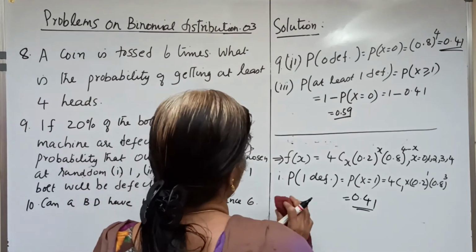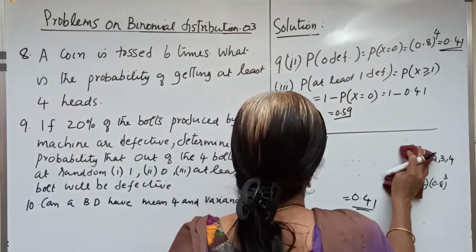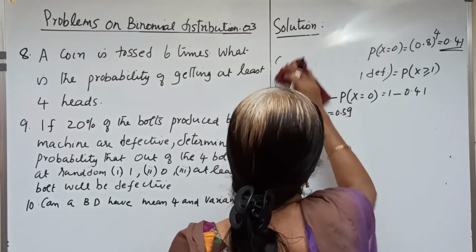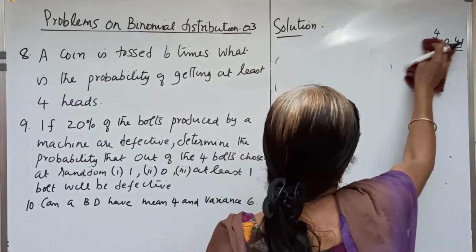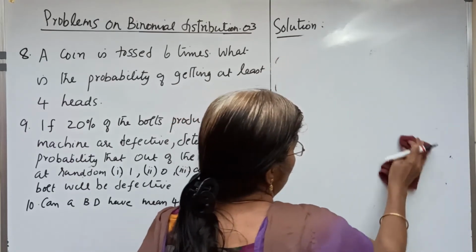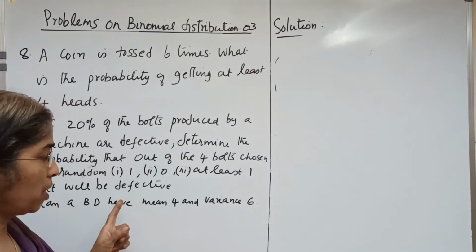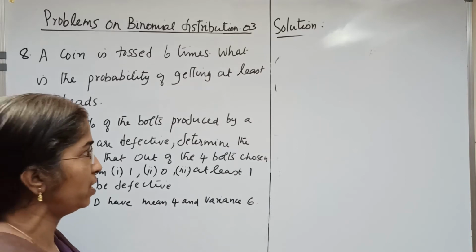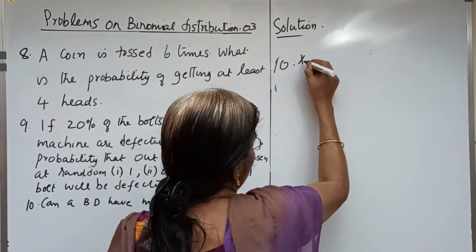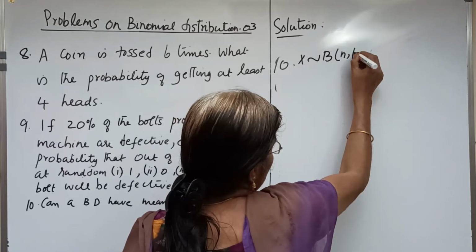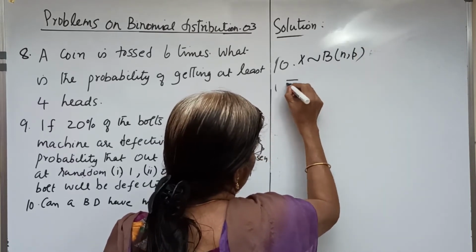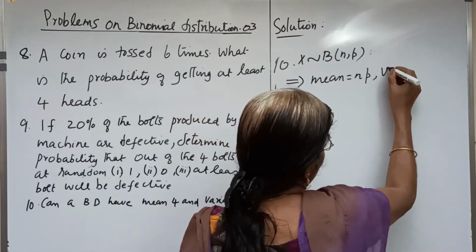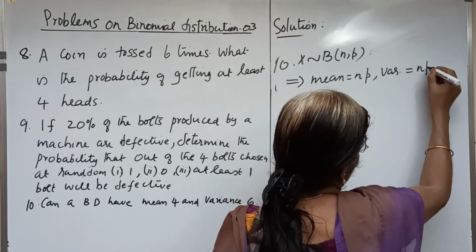Now we consider the other one. Question number 10 is, can a binomial distribution have mean 4 and variance 6? Now we know the very important property of binomial distribution: if X follows B(n, p), mean equal to np, variance equal to npq.